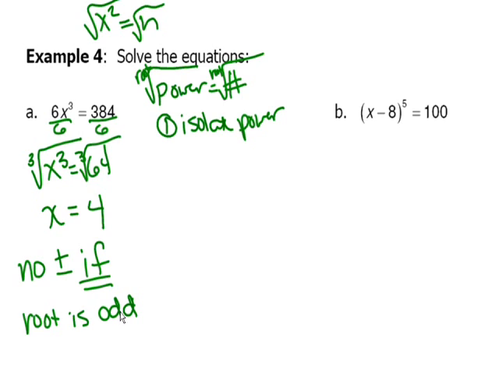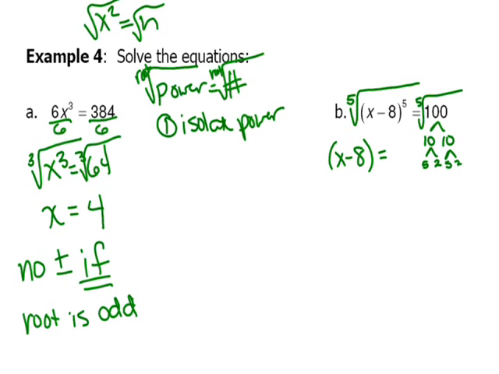All right, so what am I going to do to this one? Well, I am going to take the 5th root of both sides. Now, over here, that gives me an x minus 8. I really didn't need those parentheses, but since I wrote them, I'm just going to leave them. All right, so then I need to figure out if 100 contains 5 of anything. Well, we know that 100 is 10 times 10, and we know that 10 is 5 times 2, and 5 times 2.